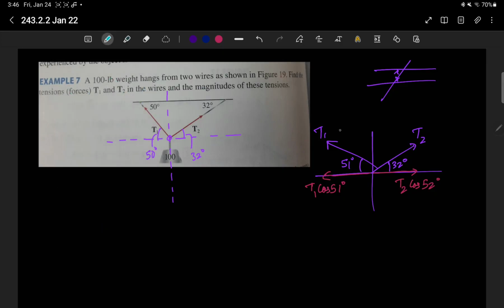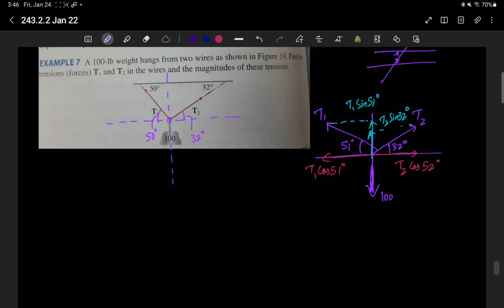And we do the same for the vertical. If I project this vertically, I will have t1 sine 51. And if I project this vertically, I will have t2 sine 32. And opposing all of these, at the bottom, there is a force of 100, which is the weight of your block. So we get two equations here.